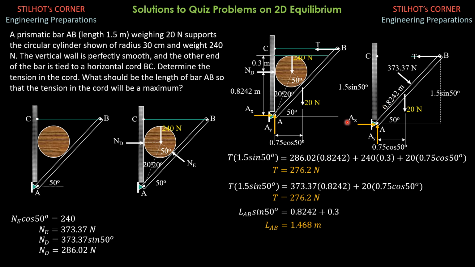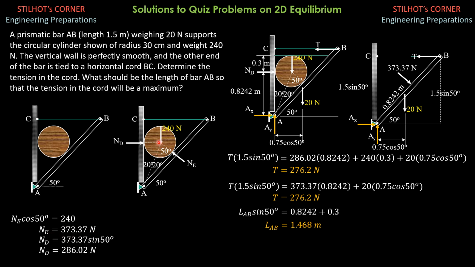So, summation, just focus on the cylindrical object first. Summation of forces vertical to solve for NE. The vertical component of NE is NE cosine 50 degrees. NE cosine of 50 degrees equals 240. So that's why NE is 373.37 newtons.